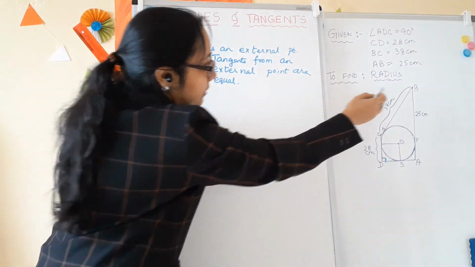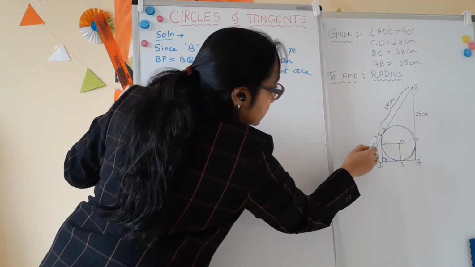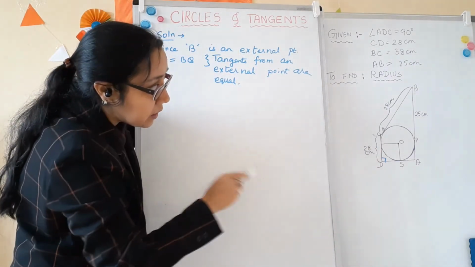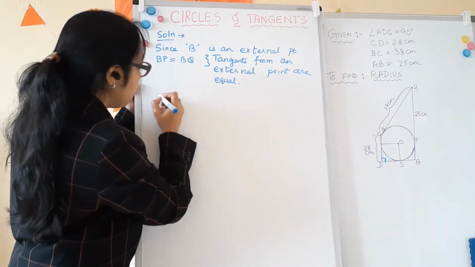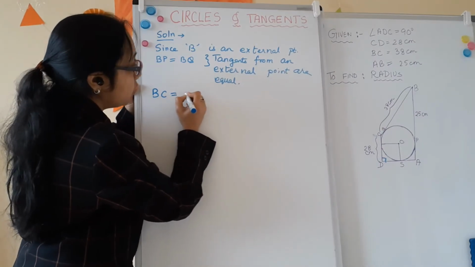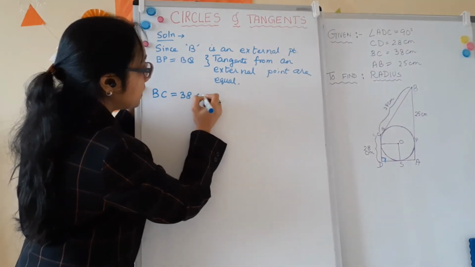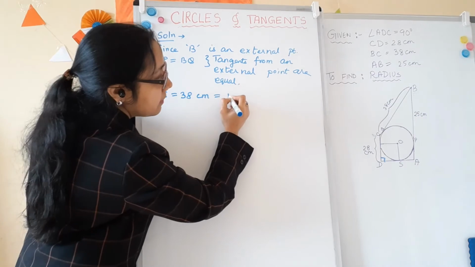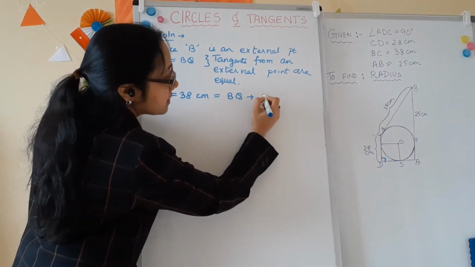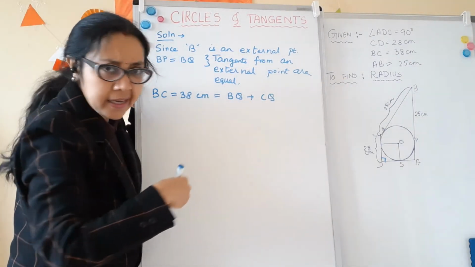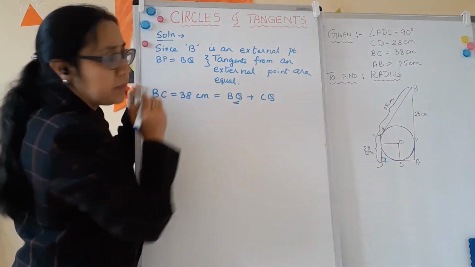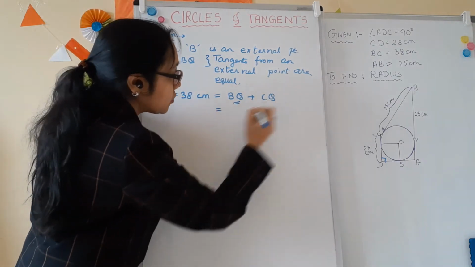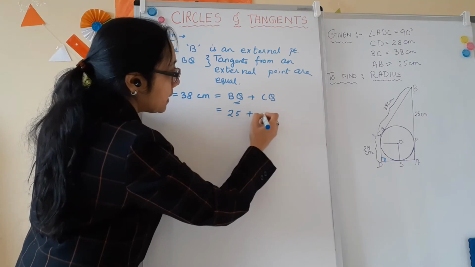And it is given the value of BC, the whole BC is given. So you can write BC is equal to 38 centimeter, which is equal to BQ plus CQ. We are just dividing. And BQ is equal to BP, so you can write here 25 plus CQ.